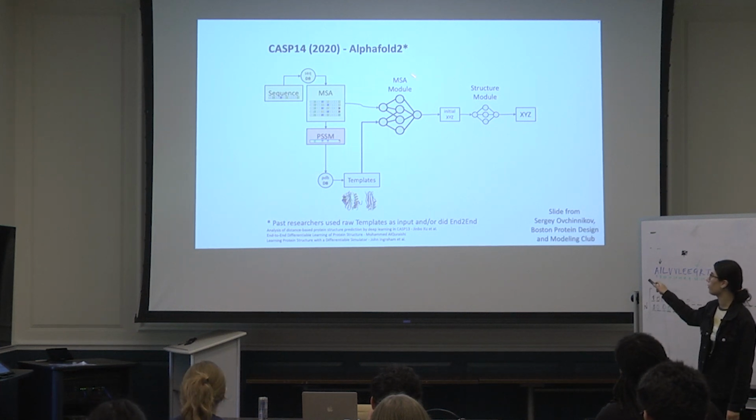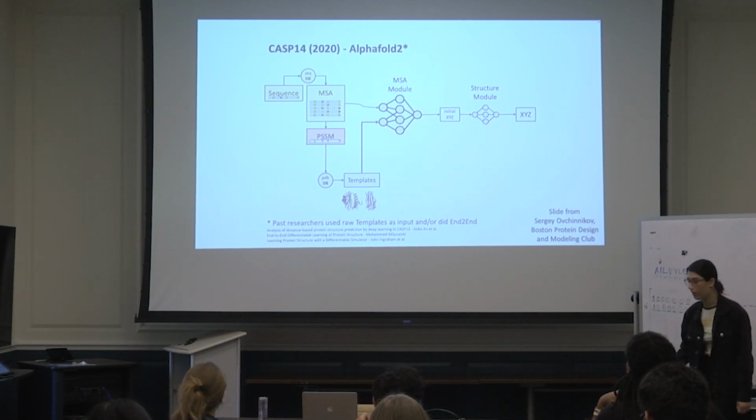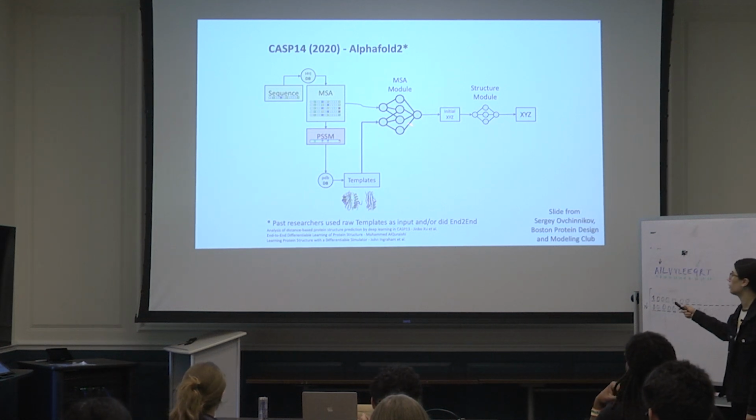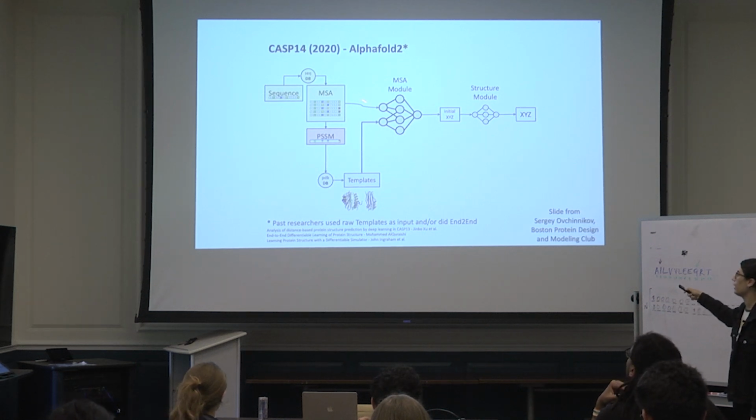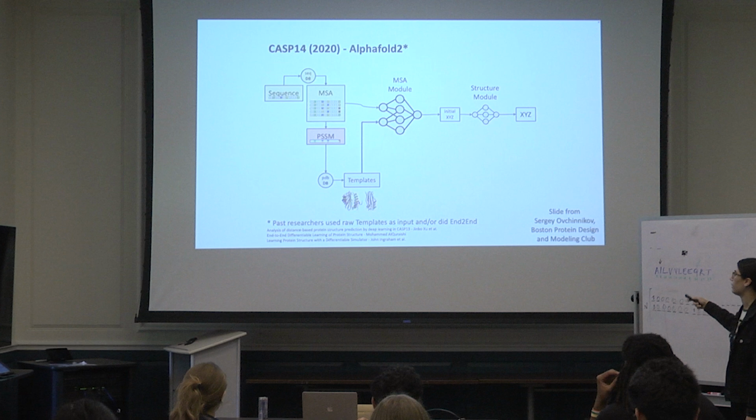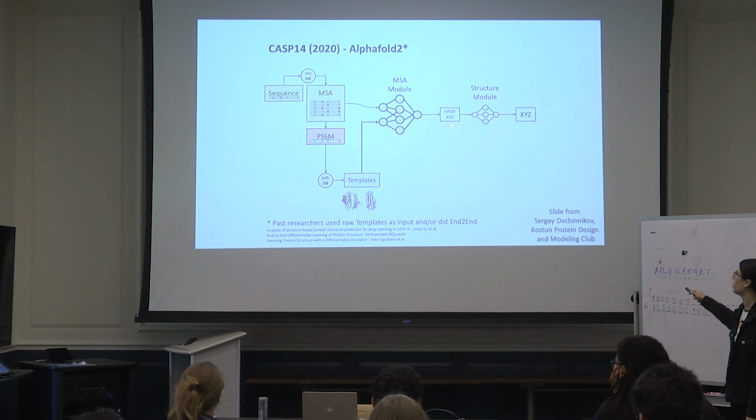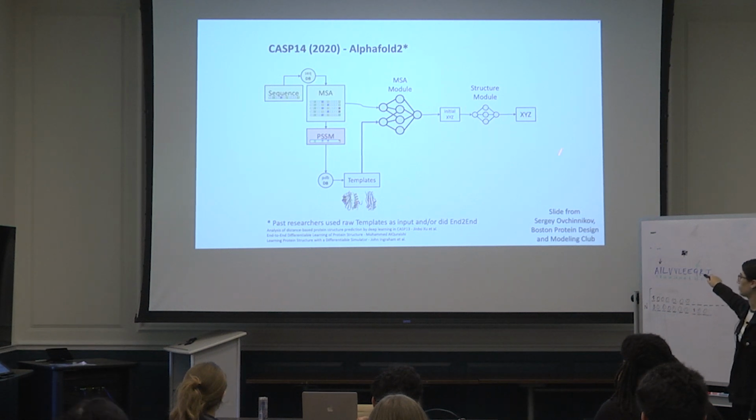And so we're going to have an MSA module dedicated to processing this type of information. This MSA module learns at its basis to take in this type of input and put it in terms of MSA embeddings, so that we can go from some initial coordinates, plug into our structure module and figure out the correct coordinates.